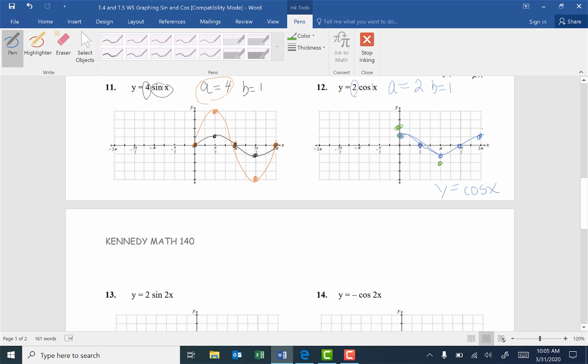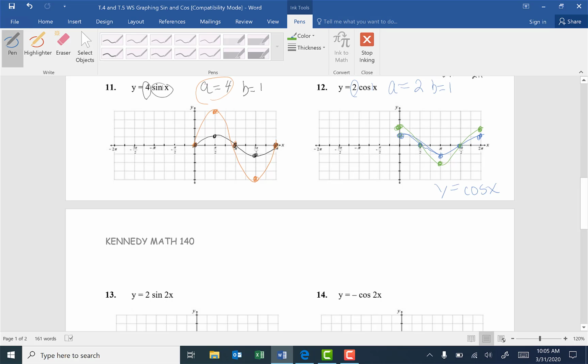The zeros stay the same. They always do. So now our graph is going to look like this. See how we stretch the graph up to 2 instead of 1? So you always go from your basic graphs, and then you determine what you have to do to change things.